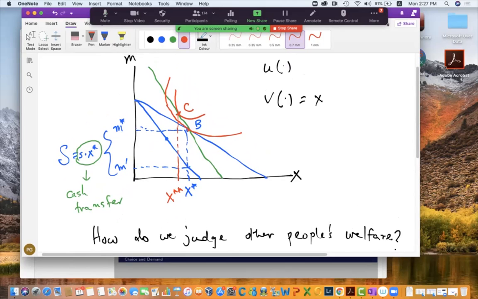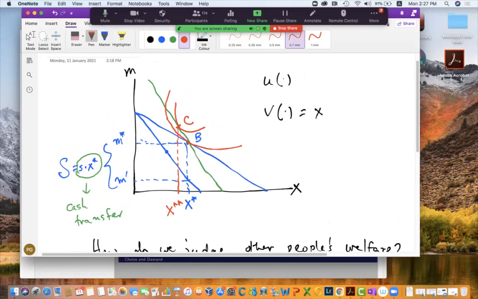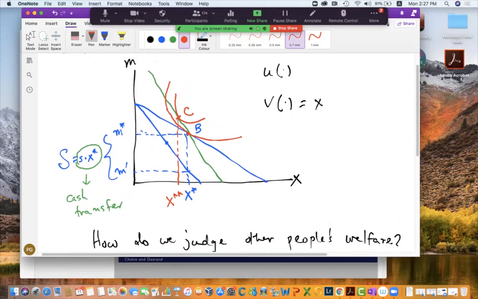In the case of the subsidy, food is privately cheaper to the individual. In the case of the cash transfer, it's more expensive. So when the household receives subsidies and food has been made artificially cheaper, they'll consume more food relative to the cash transfer case.